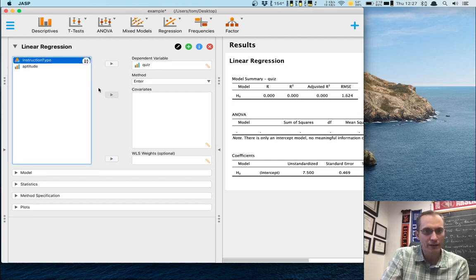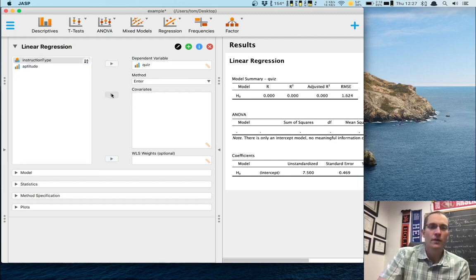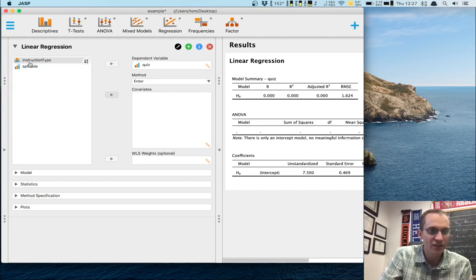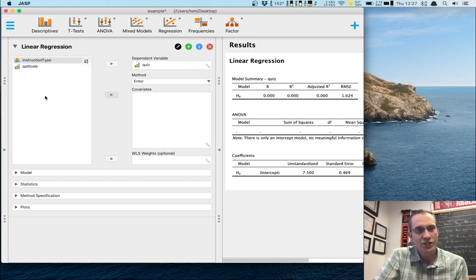Oh, it's not working. Why is it not working? Well, one of the things you might notice is down here in the box, this tells you what is admissible as a variable type. This little ruler means it needs to be a scale or continuous variable. And you'll notice that instruction type is actually listed as a nominal or grouping category variable in JASP right now.